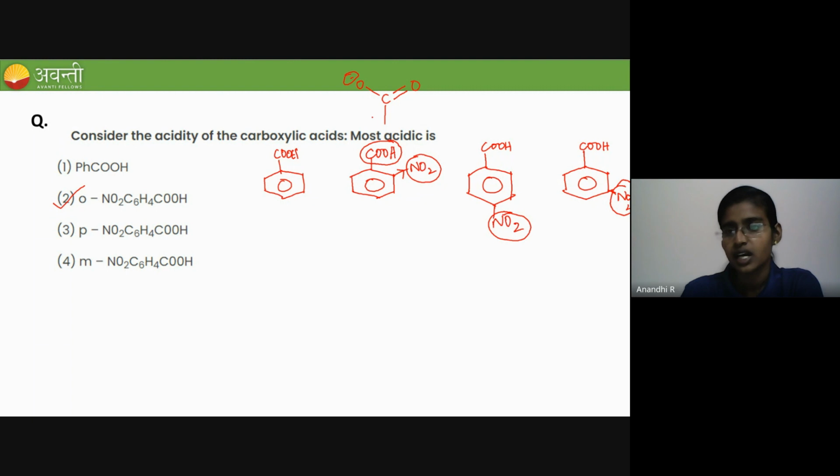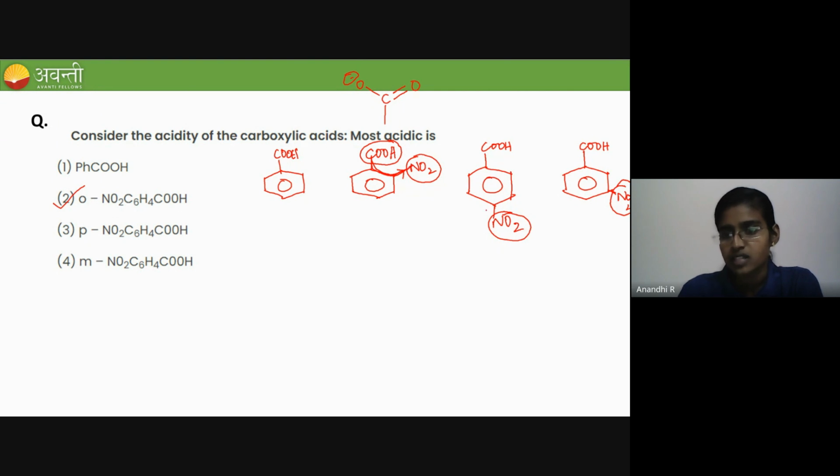That's why they are acidic in nature already. And if an electron withdrawing group is attached in the adjacent position to the COOH, it withdraws the electron density from the carboxylic acid more effectively. So the compound gets more electron deficient in nature.